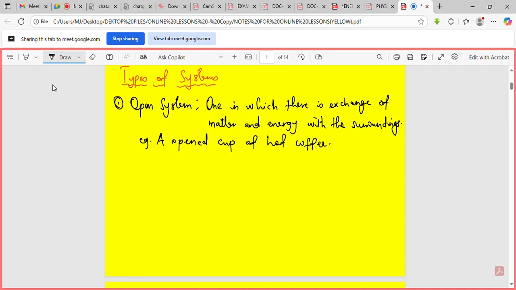This open cup of hot coffee is an example of an open system, and the reason is because there is exchange of matter and energy with the surroundings. In other words, there is a direct interaction or connection with the environment or with the surroundings.